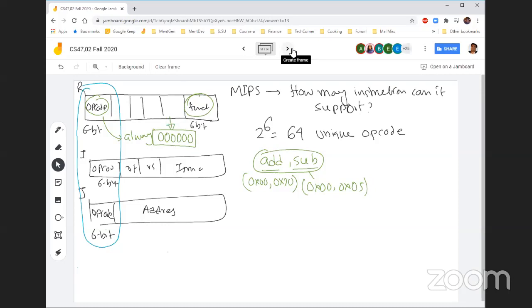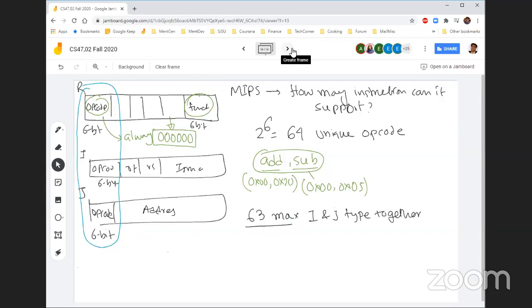That means there can be 63 max I and J type instructions together, because I and J types do not have any other field to distinguish between instructions. They solely depend on the opcode, different unique opcodes. So that's why we have 63 max I and J type instructions together.